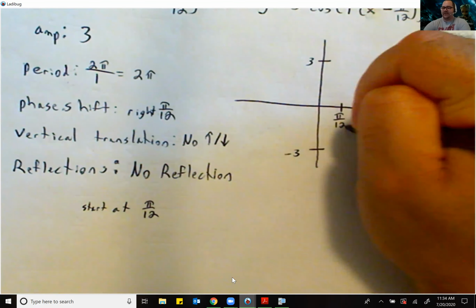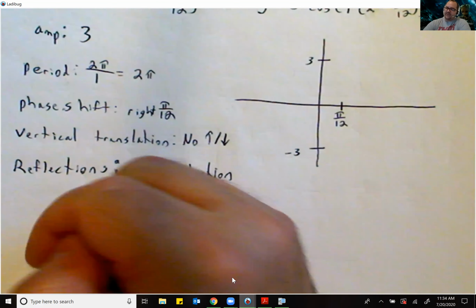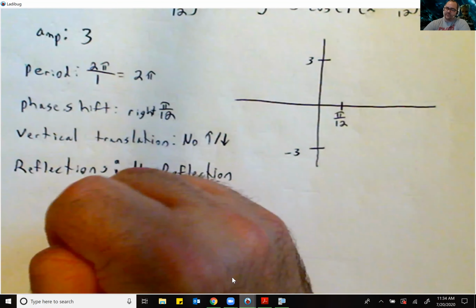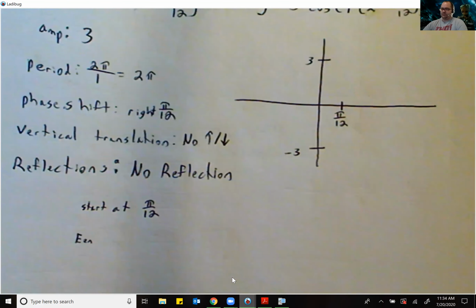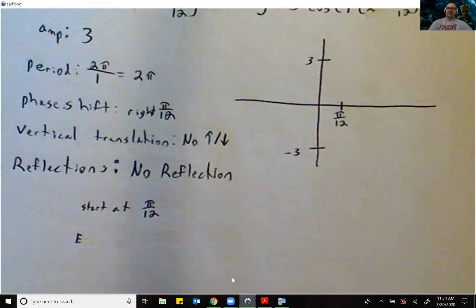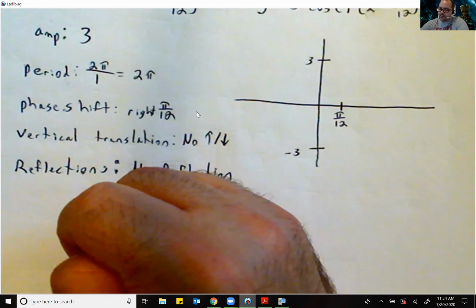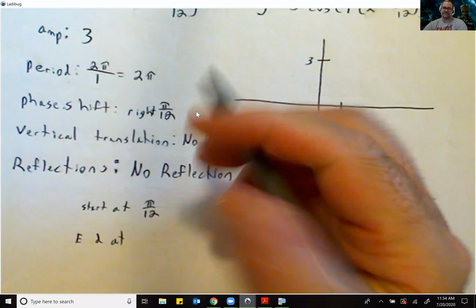It's going to start there. My graph will end at pi over 12 plus 2 pi.